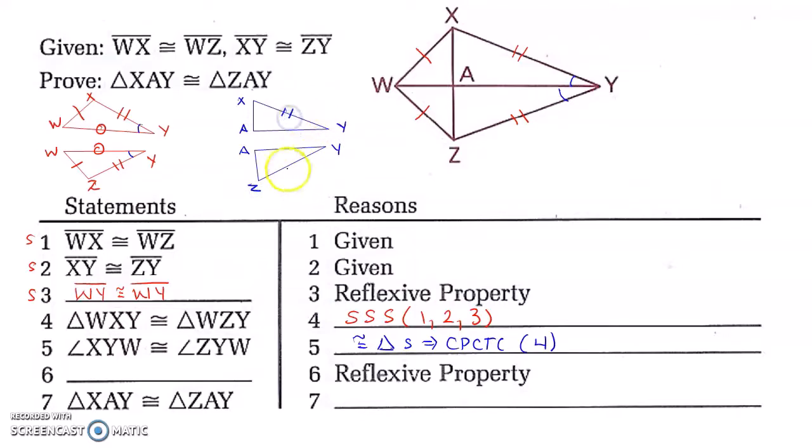And I know already that XY is congruent to YZ, and that's a side. And then I have the corresponding angles that are congruent. So now, if I could say AY is congruent to AY, I would have an additional side. So now I have side, angle, side, and I can mark that on here. Side, angle, side by lines 2, 5, and 6.